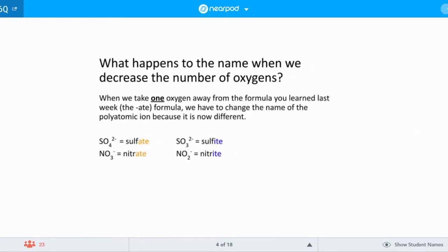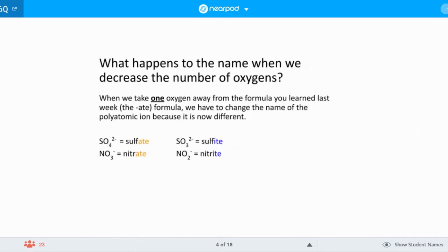If I decrease the number of oxygens in sulfate, my new formula is going to be SO3 2-. Notice the charge of the polyatomic ion does not change. The only thing that we're changing is the number of oxygens. When we take an oxygen away from that basic formula we've been learning, we have to change the ending of the polyatomic ion.